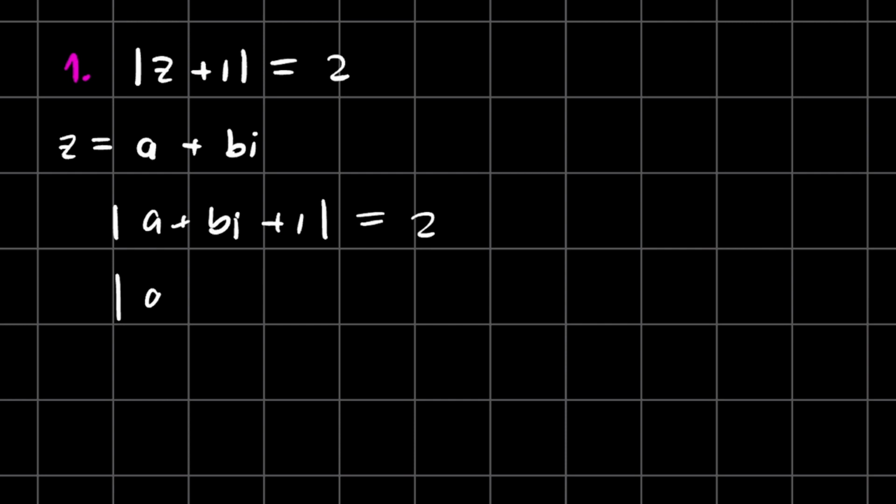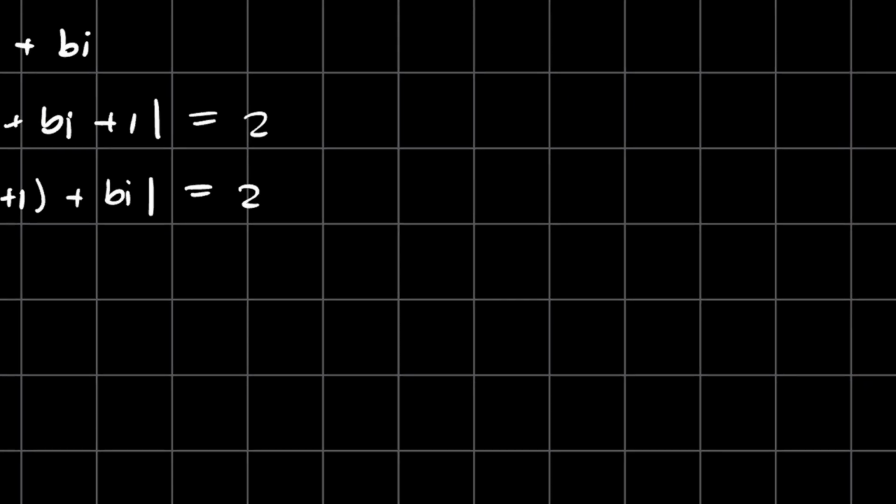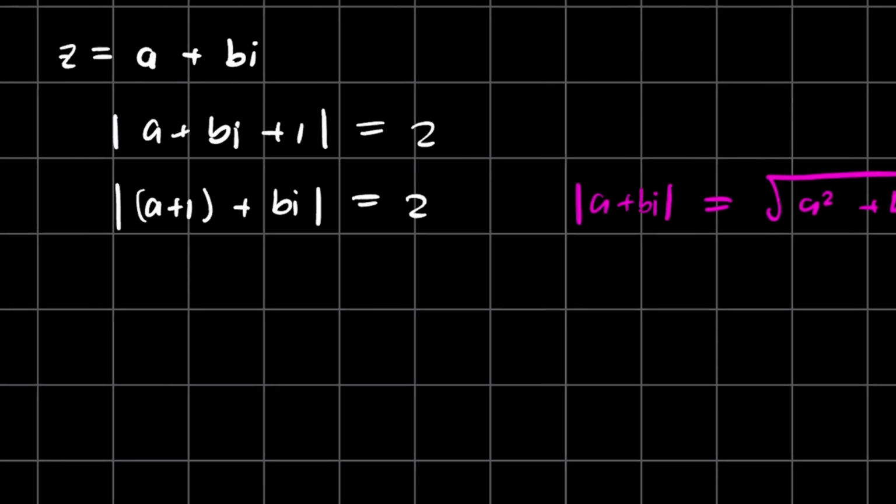So as you can see, we have our real part and imaginary part. Now we know that whenever we have a plus bi, the modulus is simply going to be the square root of a squared plus b squared. That's simply it. So in this case, we're going to do the same thing.